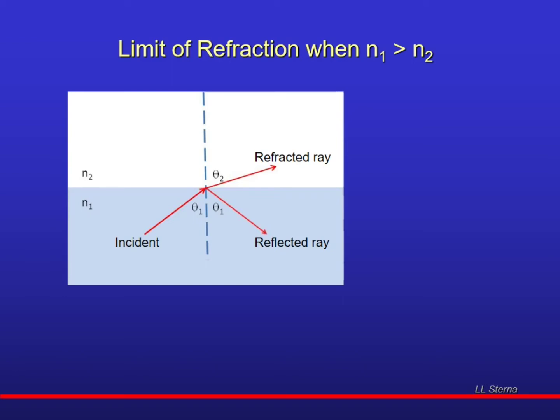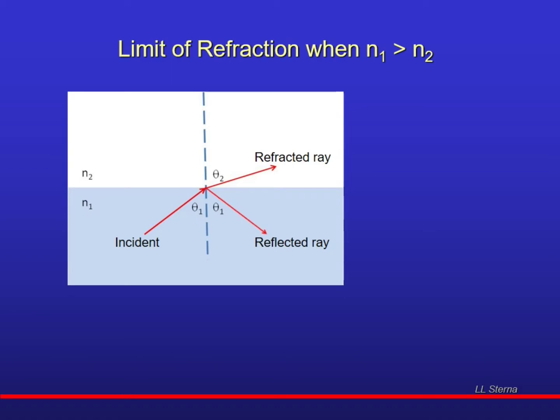Remember, it's c over v. As v gets smaller, n gets bigger. So in the first medium, the larger refractive index, the smaller velocity. The second medium, the smaller refractive index, the larger velocity.